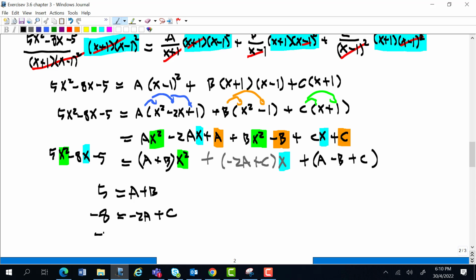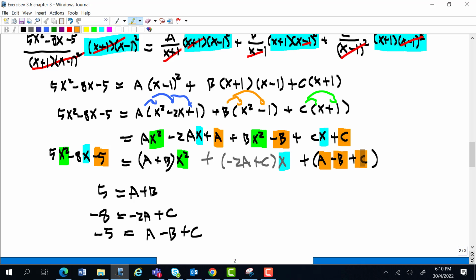Minus 5 is equal to a minus b plus c, right?